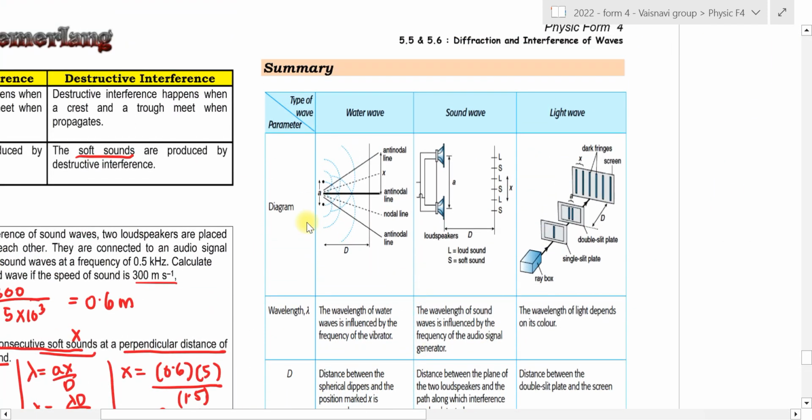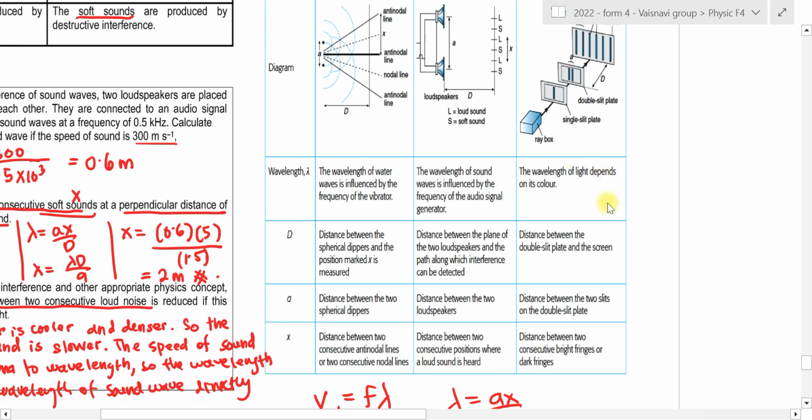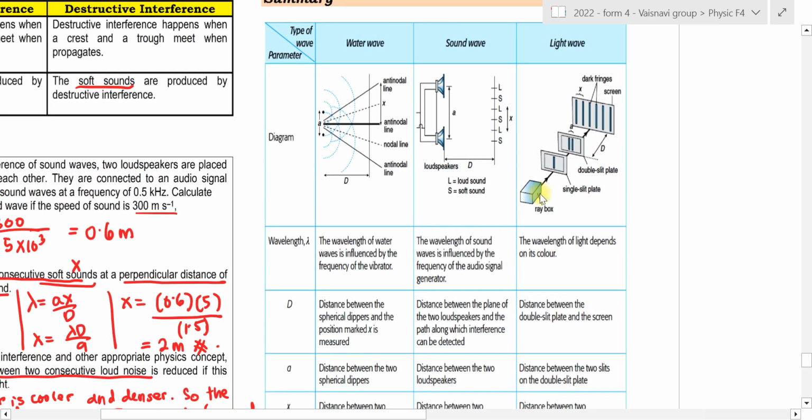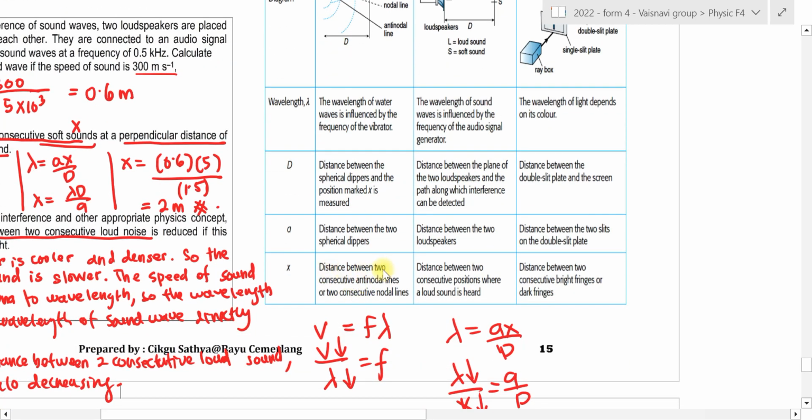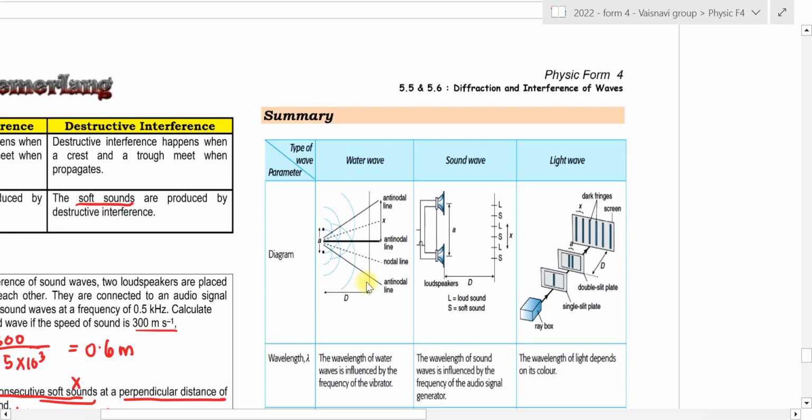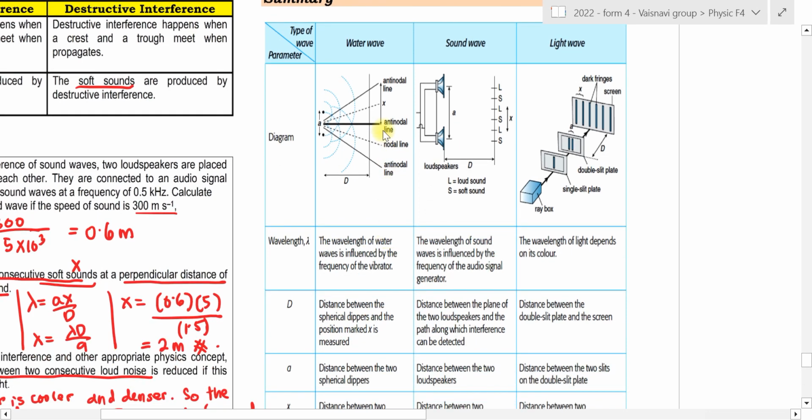Next one, we compare all the three interference wave phenomena together lah. You can see everything at here. So untuk water wave punya eksperimen, kita akan tengok dia punya X dia adalah distance between two consecutive antinodal or nodal line. Okay, antinodal adalah konstruktif dan nodal adalah destruktif.